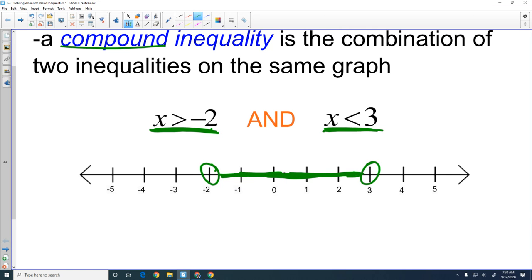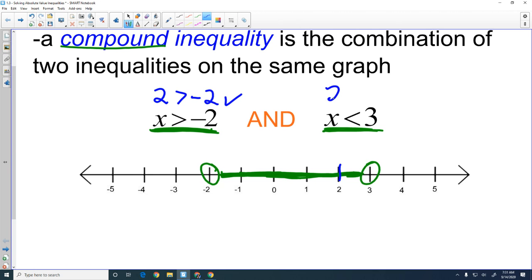And what this is showing me is that the solution to this inequality is all the numbers in between -2 and +3. If you picked any number on that shaded line, that would make both inequalities true. For example, if I took the number 2, right there, is 2 greater than -2? Yep, it sure is.